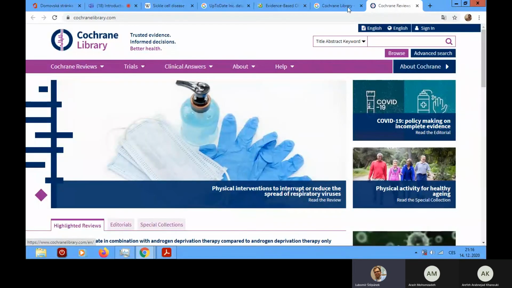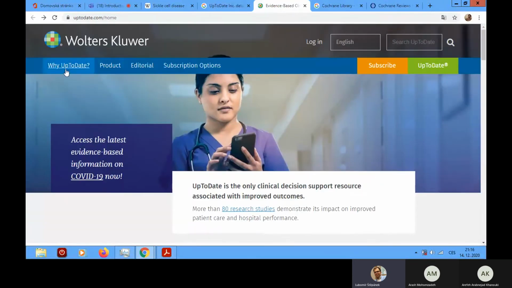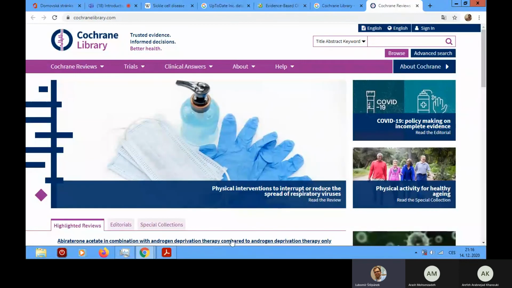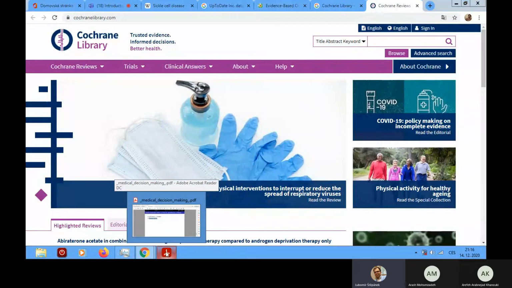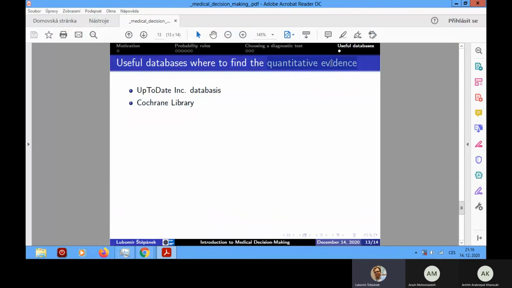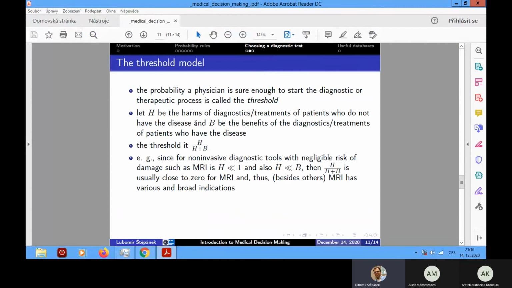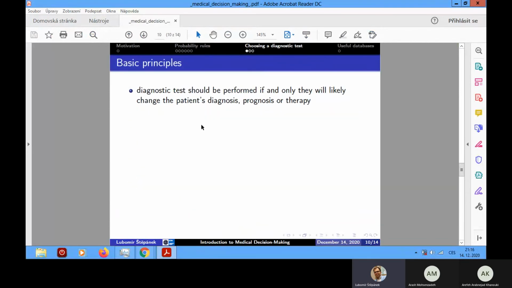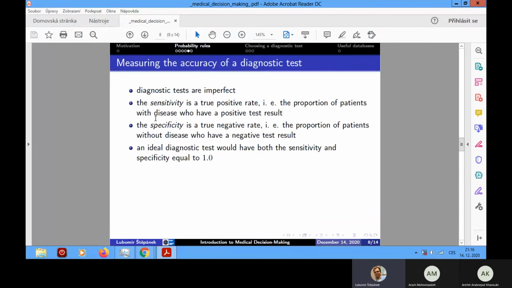So Cochrane Library and UpToDate, these two databases are very focused on quantitative evidence-based medicine, and quantitative medicine is, as I told you, based on numbers, which could be used to make probability-based decision making, which is sometimes better than only feeling that, okay, the diagnosis is very likely, or I don't know, maybe the diagnosis is likely or not.